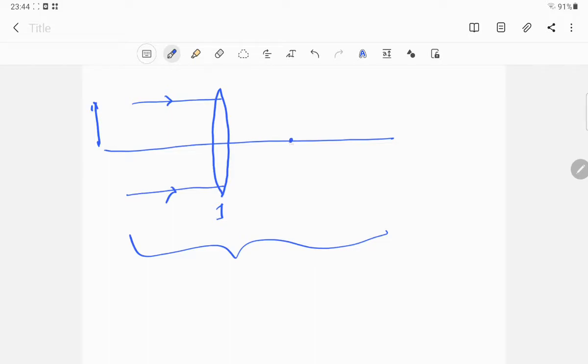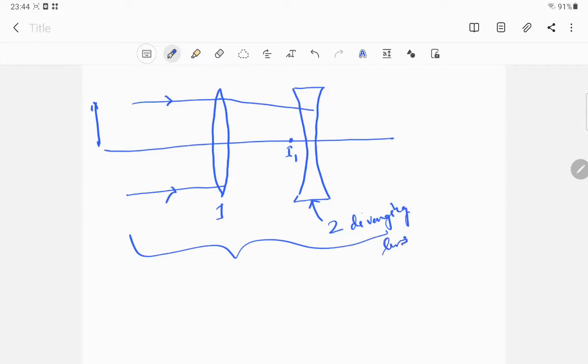Earlier the image we found here was I1. Now let me put a lens here. Suppose this is a diverging lens, lens 2, a concave lens.